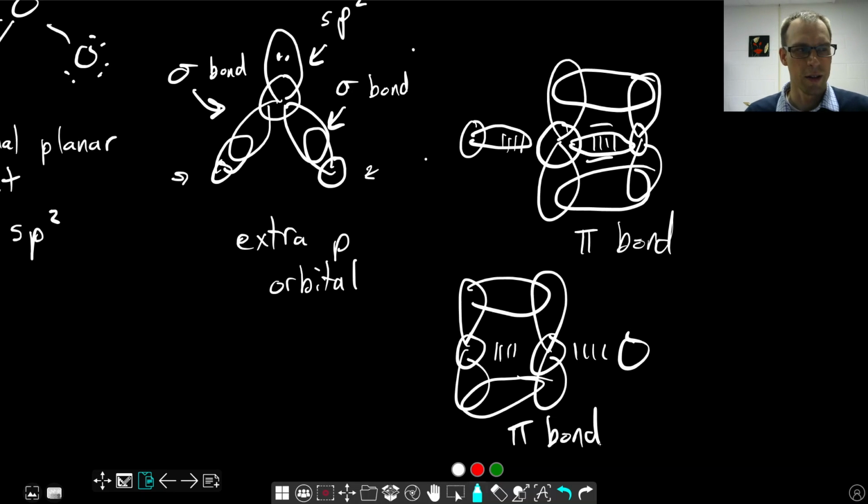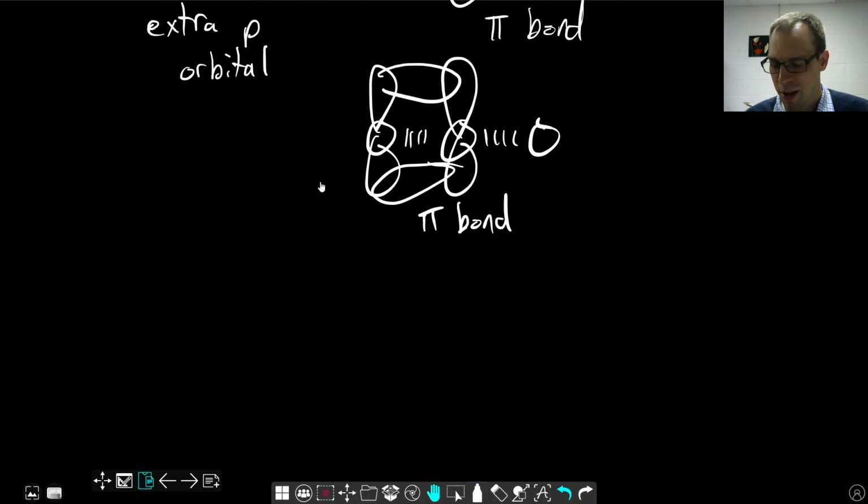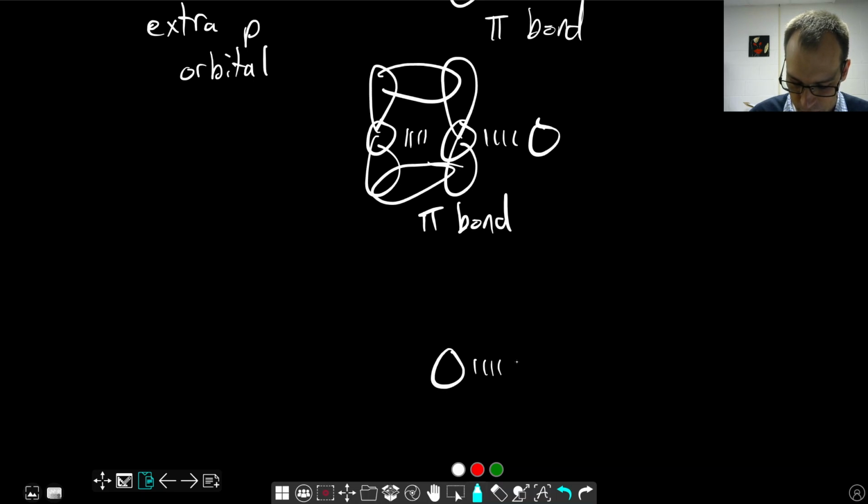Which one's correct? Well, from what we discussed earlier when we were talking about resonance structures, it should be a mixture of these two. The real correct structure is that we have a pi bond that goes across the entire molecule. It'll only have 2 electrons in it, so those electrons are shared across 3 atoms, and that's really the correct way to look at this in terms of valence bond theory.